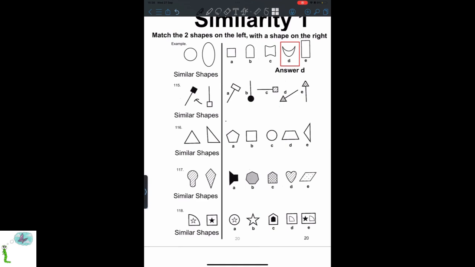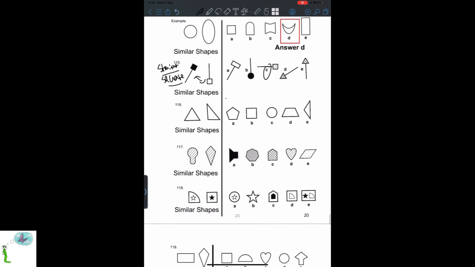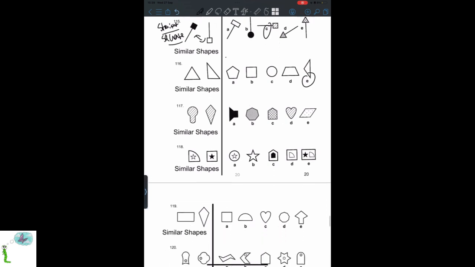So if you think about what the rule is here, what's similar, what's the same between these two, right? They both have a straight line. It's not curved, right? It's straight. And they both have a square on them. So we're just going to apply that to here. Which ones have a straight line and a square? It's C. Here we have, they're both triangles, so it's just going to be E.